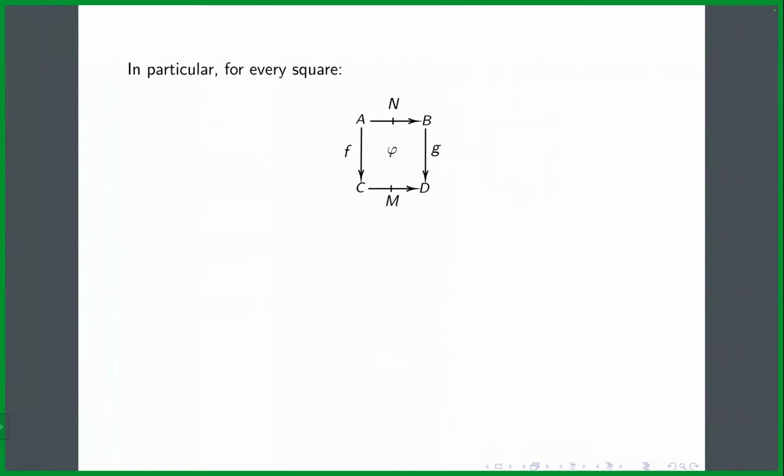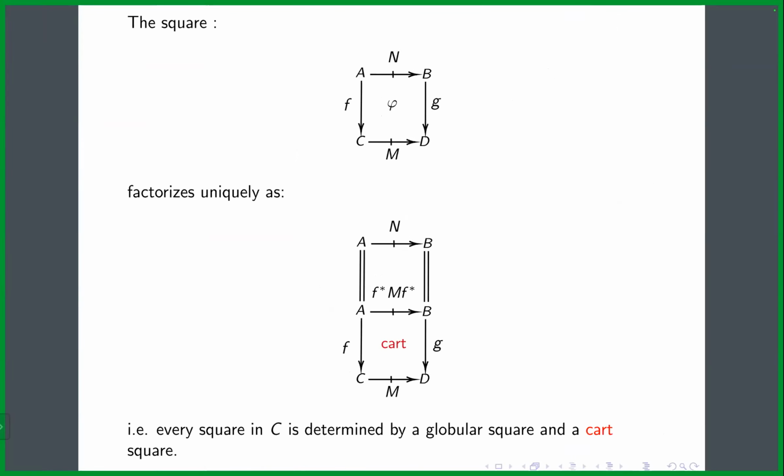So in particular, for any square like this, φ, we can consider this factorization here, and then we can write our original square φ as a composite of a globular square and a Cartesian square, which is pretty nice.